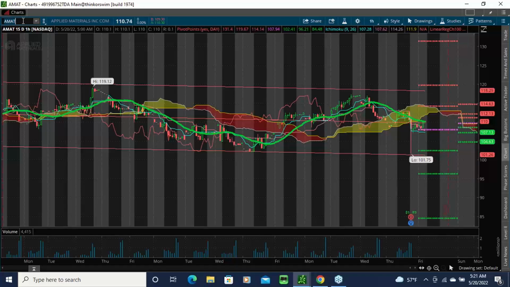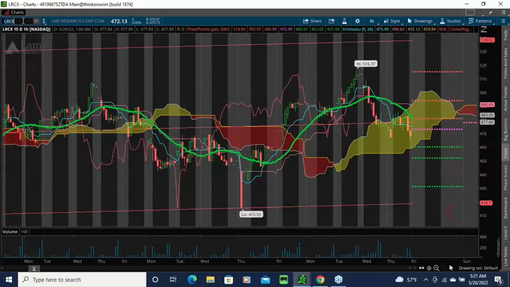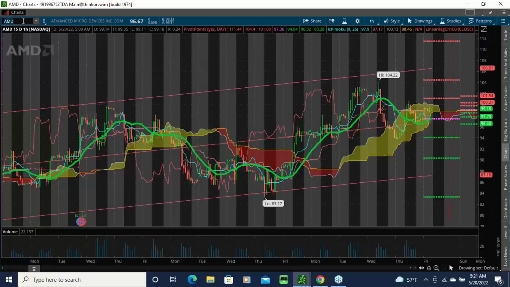Chips an issue, right? You got 116 up, you got 104 down. Lam Research doing nothing. You got 168 down, 452, and then 503 up. AMD up 3, right? AMD's been strong lately. You got 101, 103, underneath 91 bad.